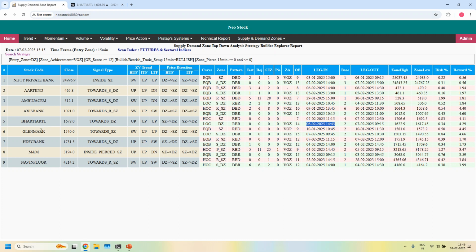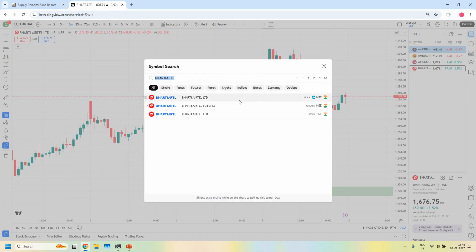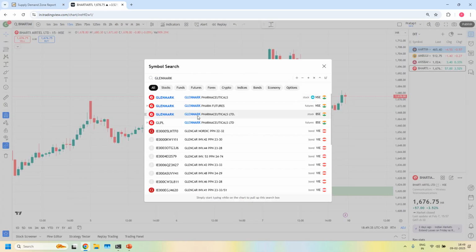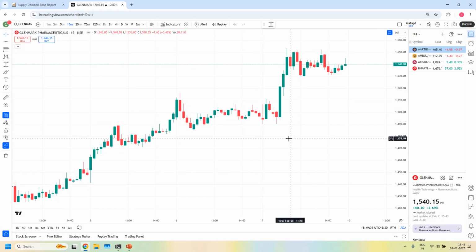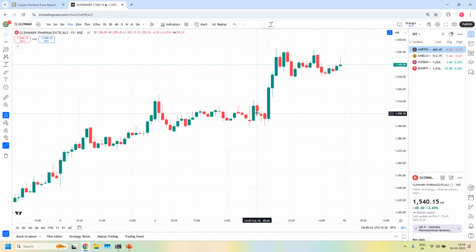Next one is Glenmark. This is also high liquidity zone. This is on 7th February 9:45, 2 base candles. So this is the drop, 2 base candles and rally.